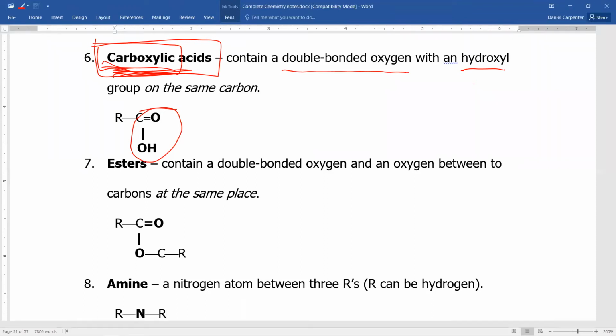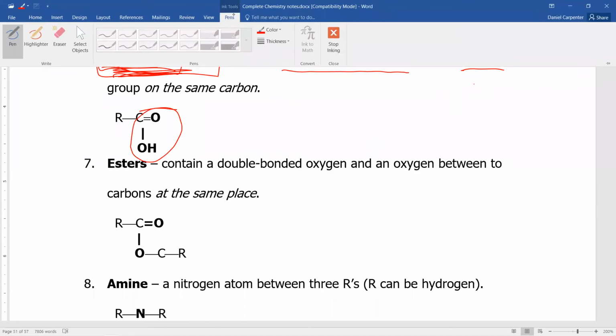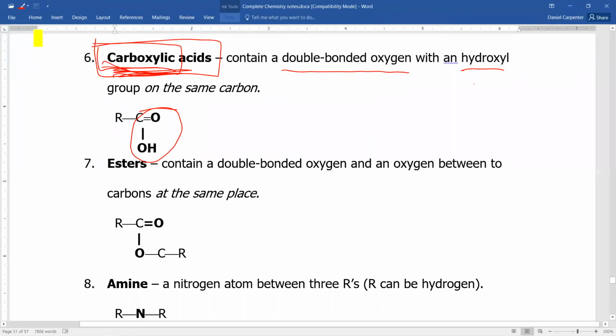Notice this, this is pretty important: they have to be on the same carbon. If they're not on the same carbon, then it is an alcohol and a ketone or aldehyde, depending on where they're located. The double bonded oxygen and the hydroxyl group have to be together on the same carbon in order for this to be a carboxylic acid.